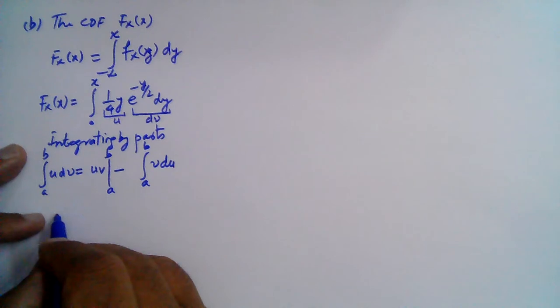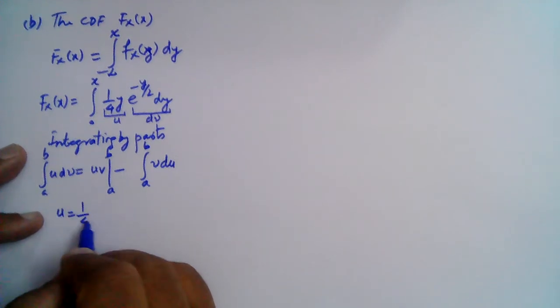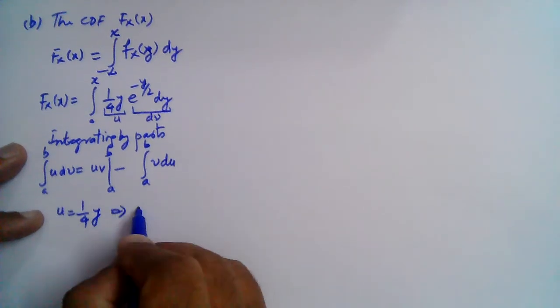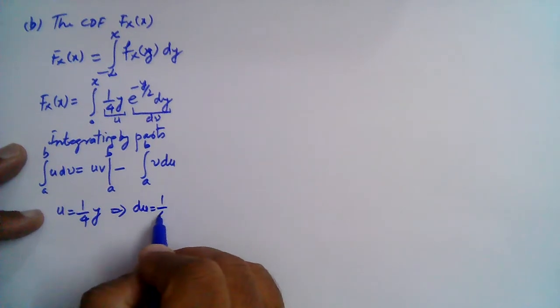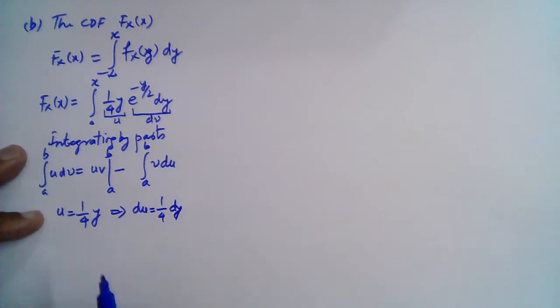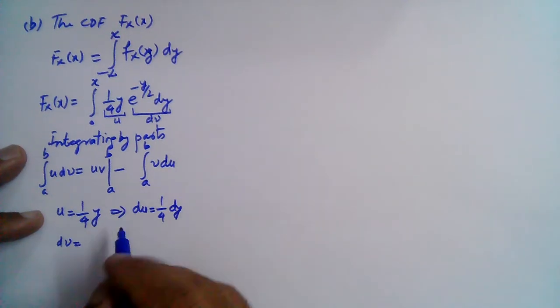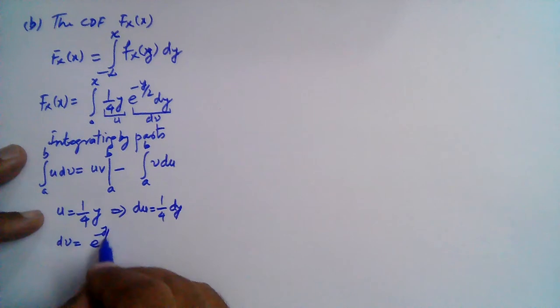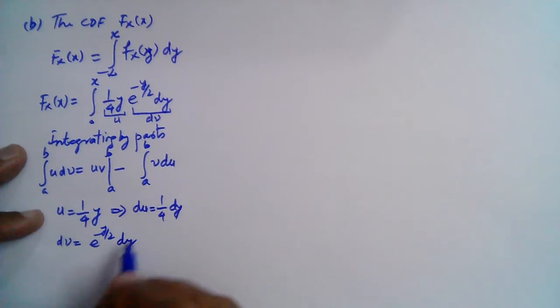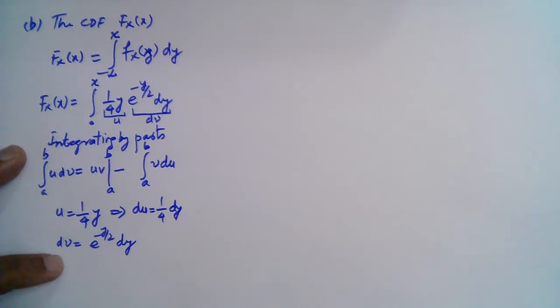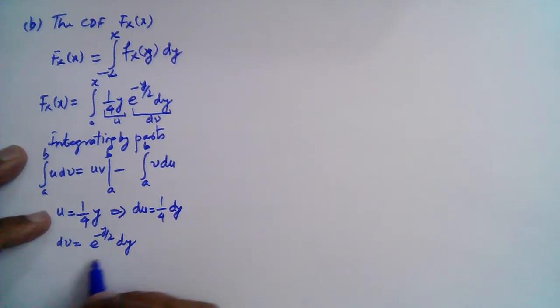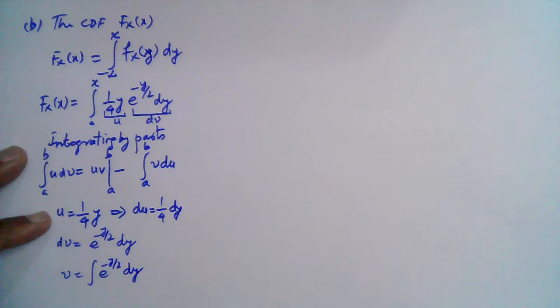So u is equal to 1 over 4 y, so that du is equal to 1 over 4 dy, right? Similarly, dv is equal to e raised to the power minus y over 2 dy, and v can be found using the integral of e raised to the power minus y over 2 dy.